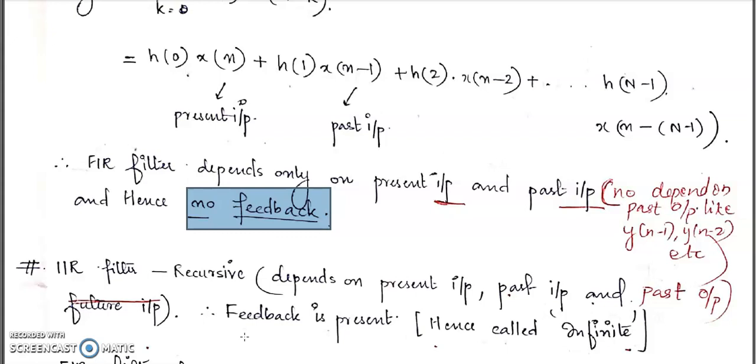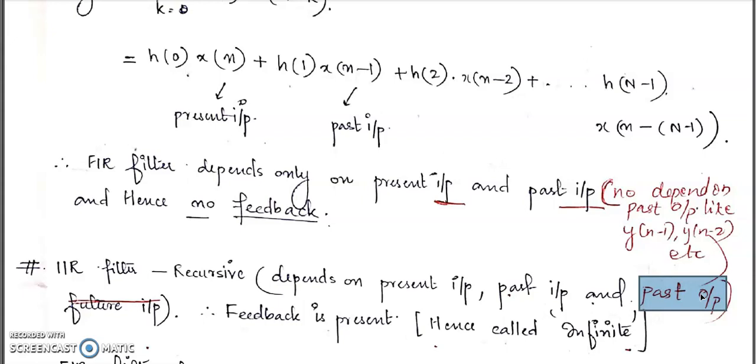Recursive type means the present output of the filter depends on present input, past input and past output also. That means feedback is present. So there is a requirement of feedback and it is called a recursive filter. And we have infinite coefficients. That's why we call it infinite impulse response. We will discuss the IIR filter later.